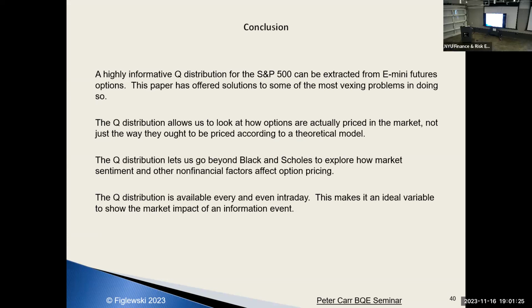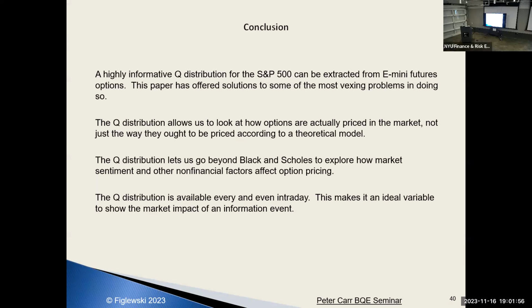I know you've gotten the idea that I think this Q distribution has a lot of information in it, and the E-mini futures options are perhaps one of the markets that is going to give us the best kind of performance. There are a lot of problems and issues in trying to get to a decent distribution from the data, and I'm trying to do what I've come to feel is best practices at this point.